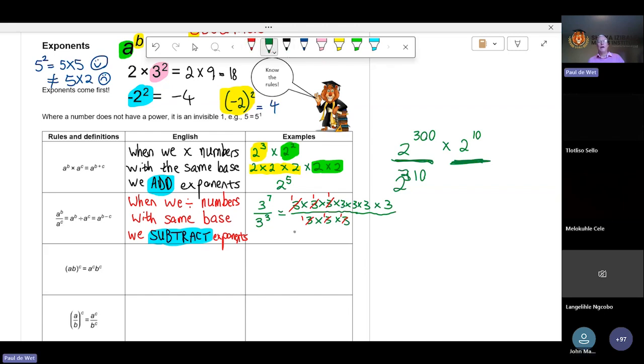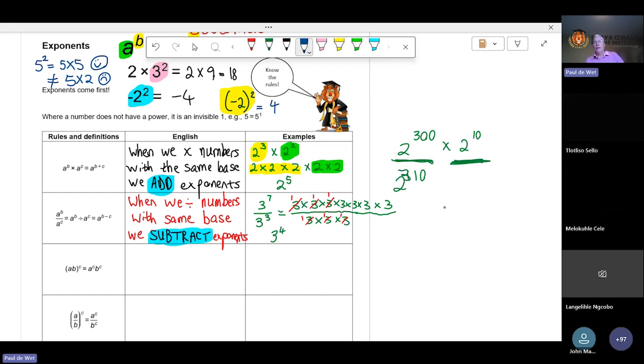What is the short way of writing 4 3s? 3 to the power of 4. Well done. And what we can see, guys, is that all we are doing to get the 4 is just subtracting.